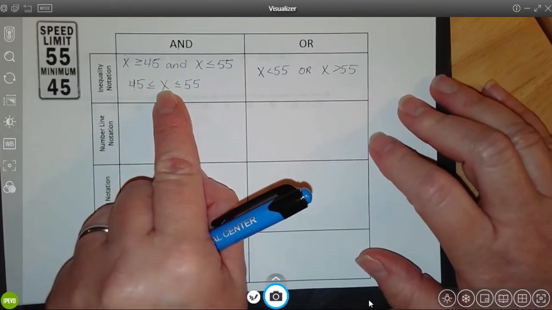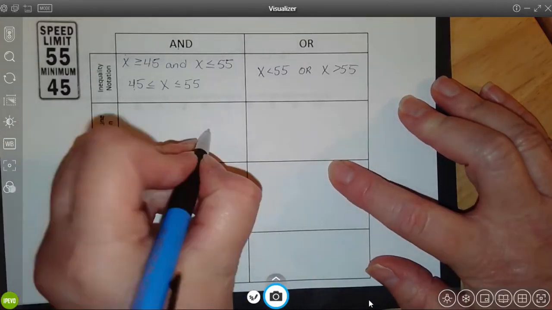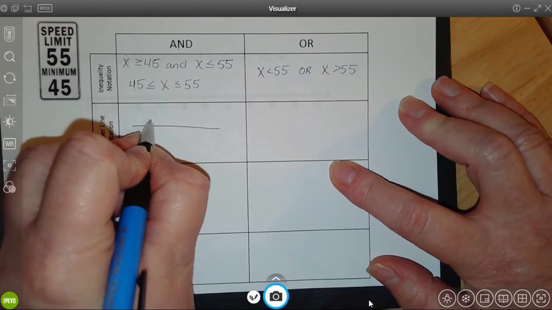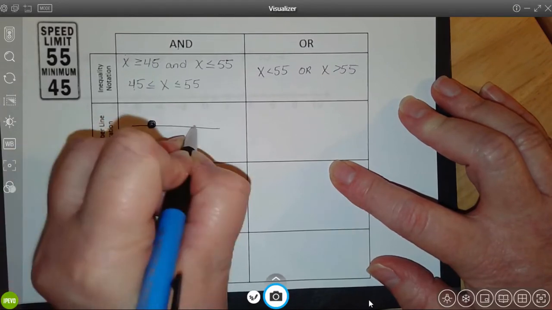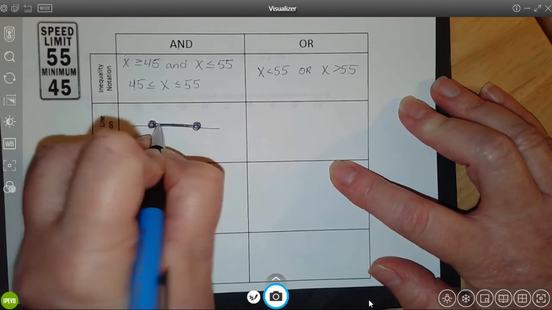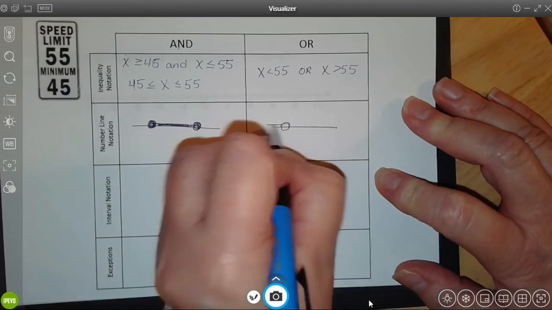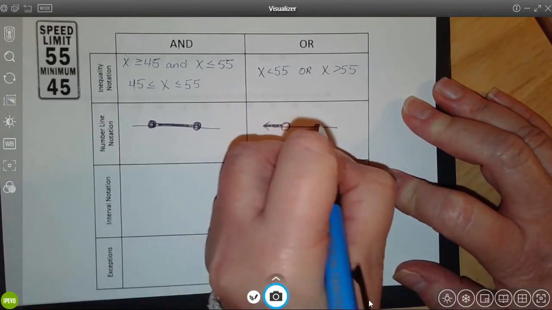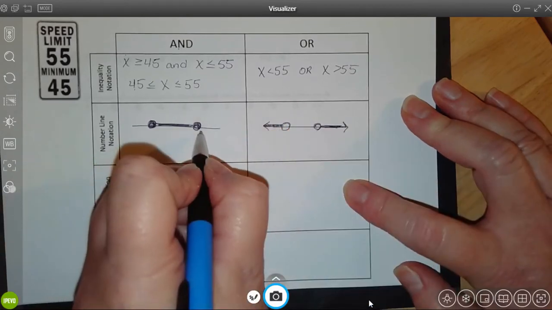For number line notation for an and scenario, I'm not going to put the numbers on here. I'm just going to show that an and scenario will have a section that is colored in between, and an or scenario will have a section that is going out to the left and out to the right.